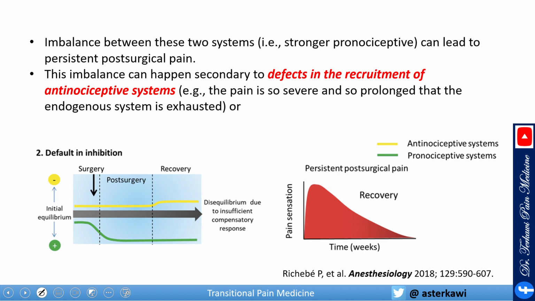Here it tried to activate, but you have really severe and prolonged pain, so you already exhausted the anti-nociceptive system. You end up with an imbalance that leads to prolonged recovery and chronic pain.